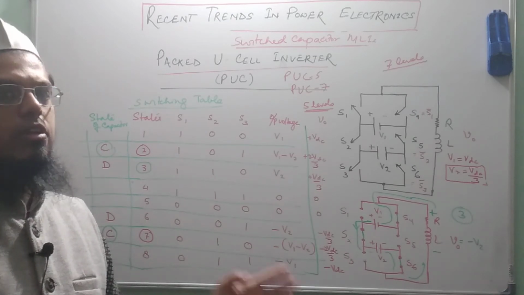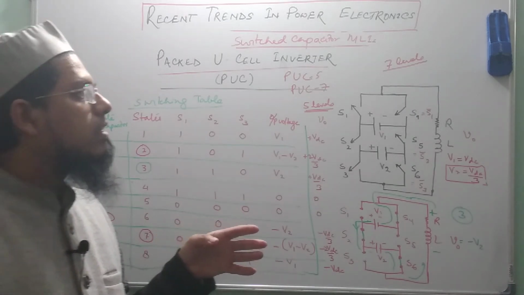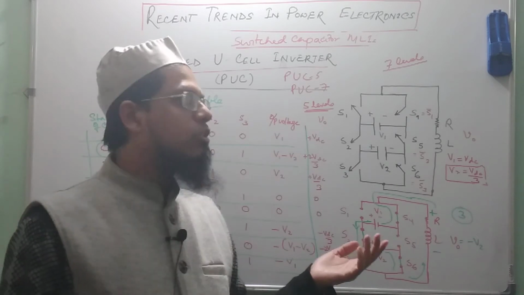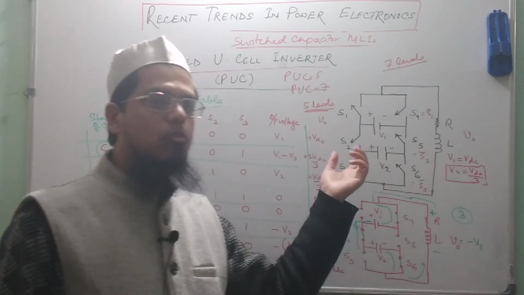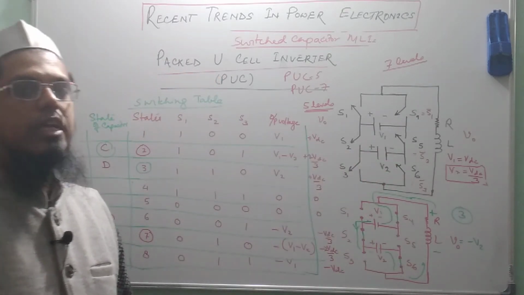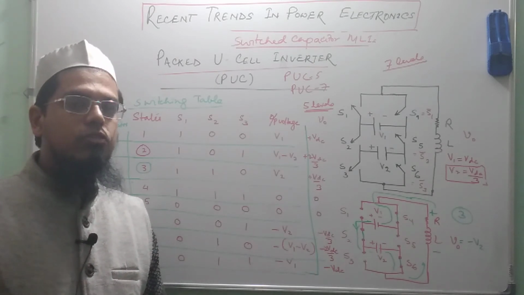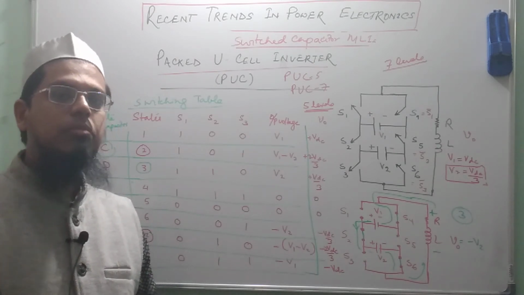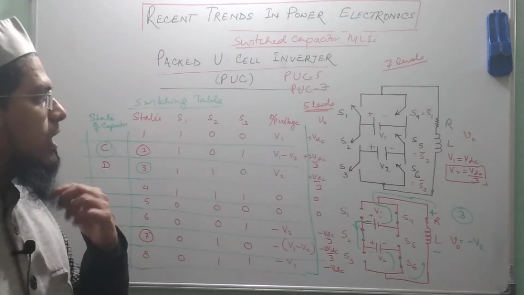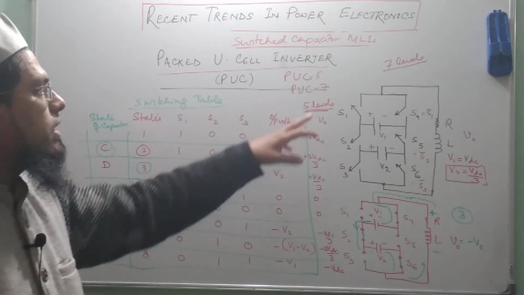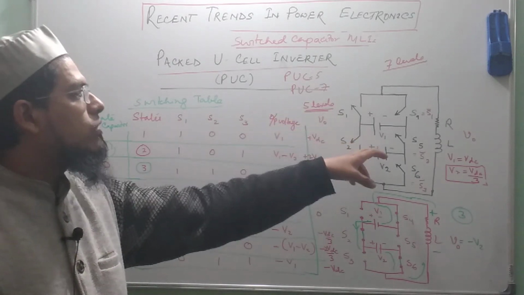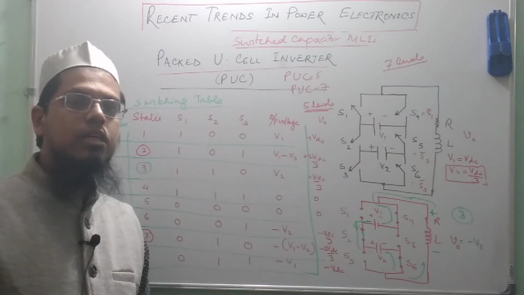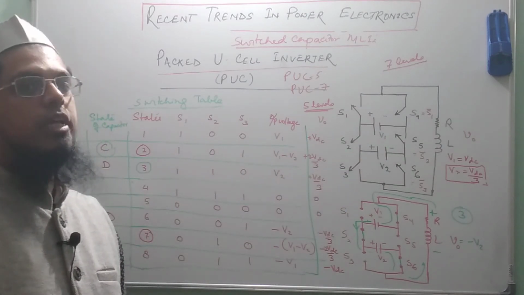So, this is one issue. That is actually taken care of by using some voltage sensors across the capacitor and trying to maintain the voltage equal to VDC by 3. So, that can be done. But the important thing is that we can obtain 5 level output without actually caring about the voltage balancing problem of capacitor in 5 levels.